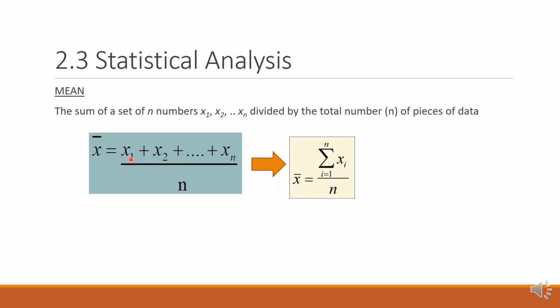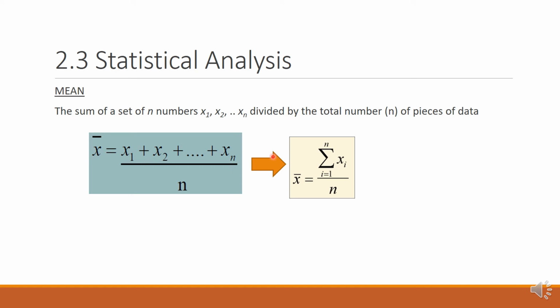So mean. In statistical analysis, the most important item is mean. Mean, or arithmetic mean, is an average value that can mathematically be obtained from the sum of your measured values over the number of your measurements.